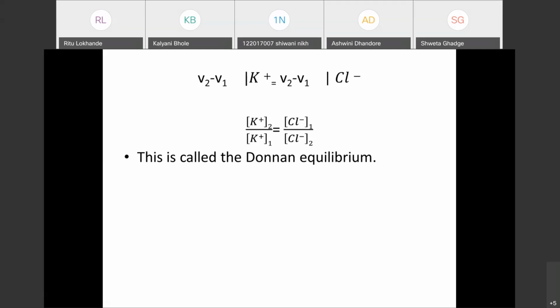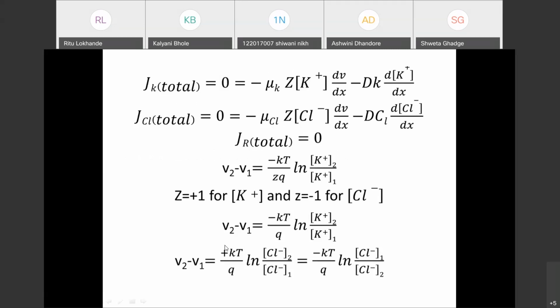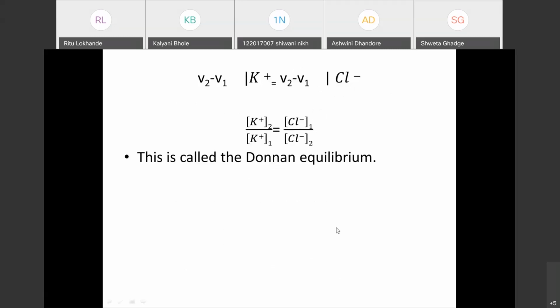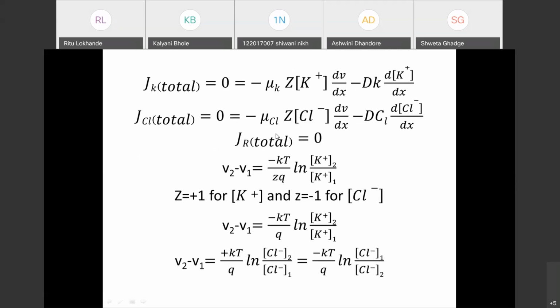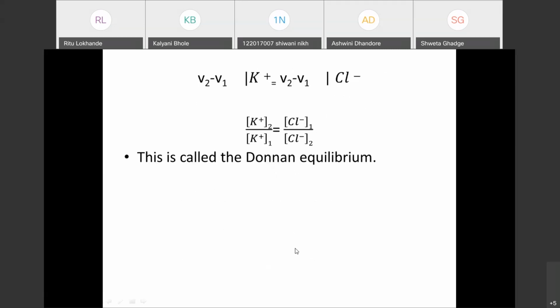If we equate these two, kT by q gets cancelled in both cases. The only difference is the minus sign, which can be compensated by reversing our concentration ratio.